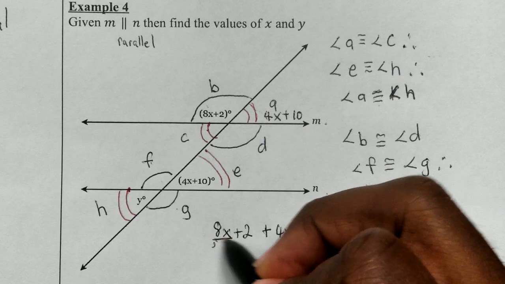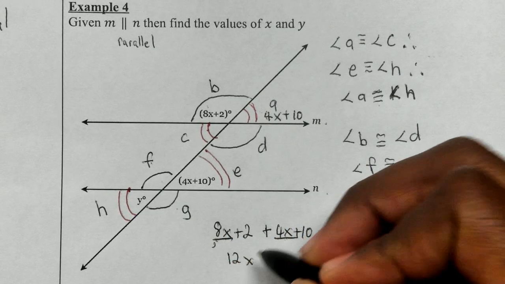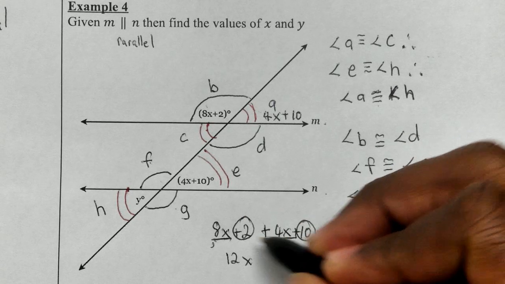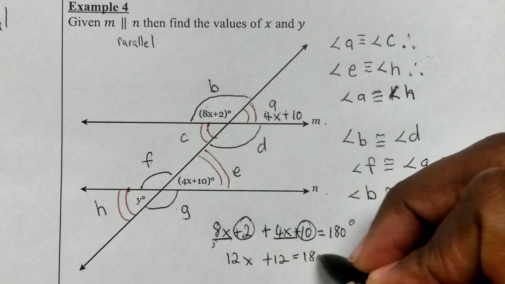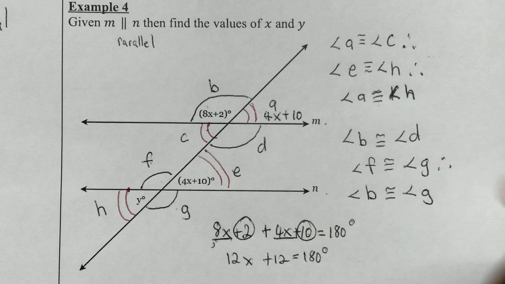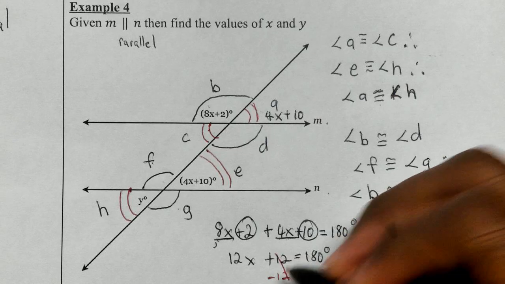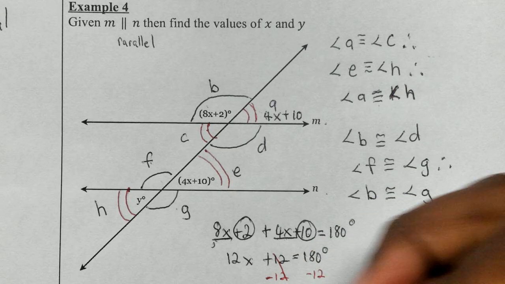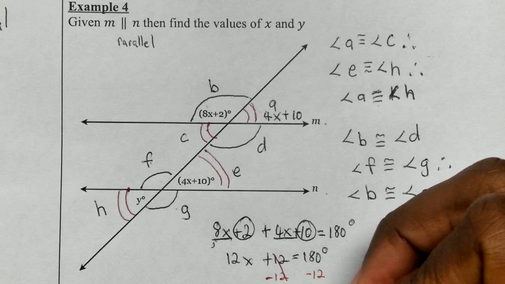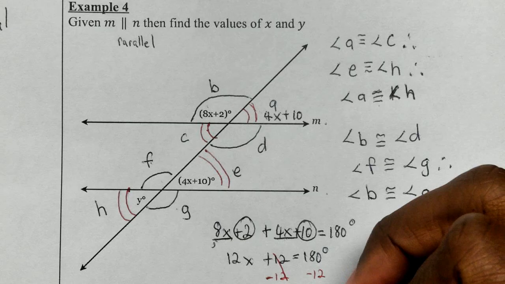So I'll combine like terms. So 8x plus 4x is 12x. Combine like terms. 2 plus 10 is 12. It's equal to 180 degrees. So then I will subtract 12 on both sides of the equation, and 12x will be equal to 180 minus 12 is 168.